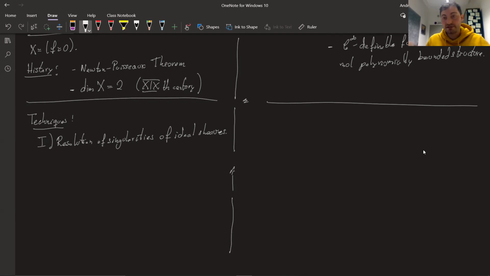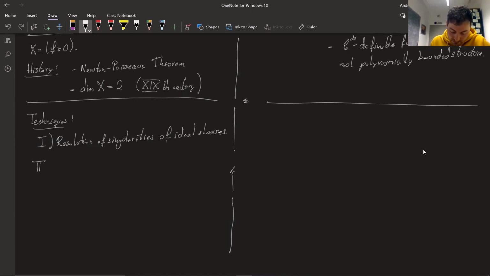And if we want to think about this, this is kind of the best possible result that we can translate from the algebraic case to the quasianalytic. This is a global result, and it will have an extra hypothesis on the ideal sheaf, which in the algebraic and complex analytic case is really no hypothesis at all. But in the case of quasianalytic or even real analytic, it is actually a hypothesis that has to be considered.